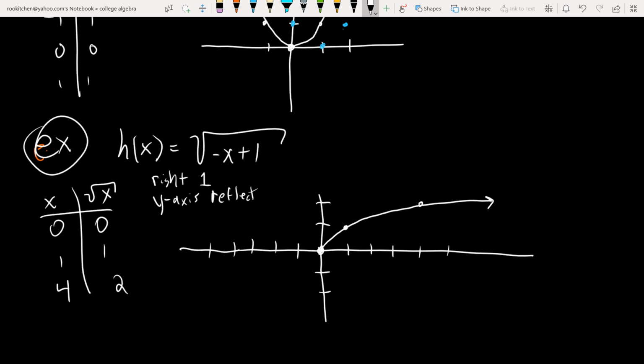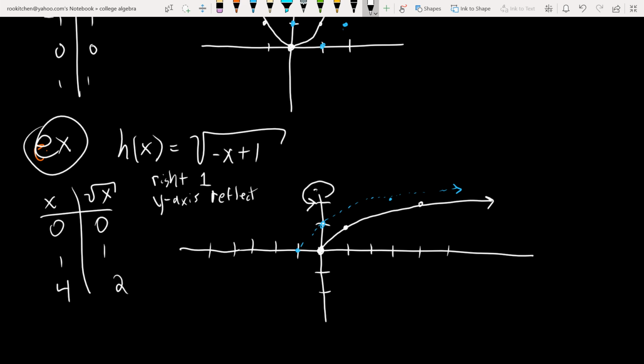Okay, so go right 1. So all these guys will go over 1, and we kind of have this figure here in the dashed blue. And then we want to rotate that around the y-axis. So all the x-coordinates will be negated. They'll be made negative.